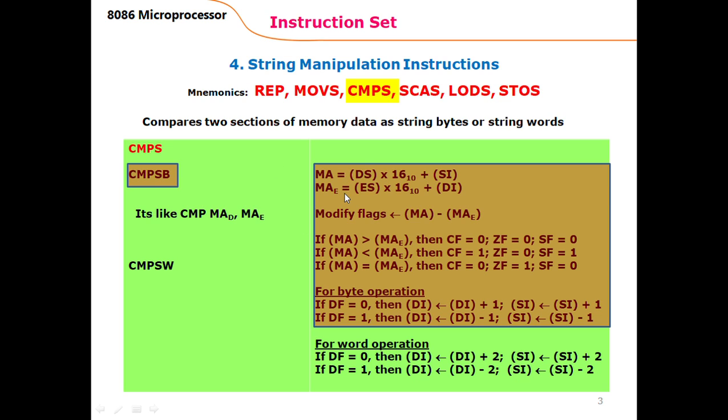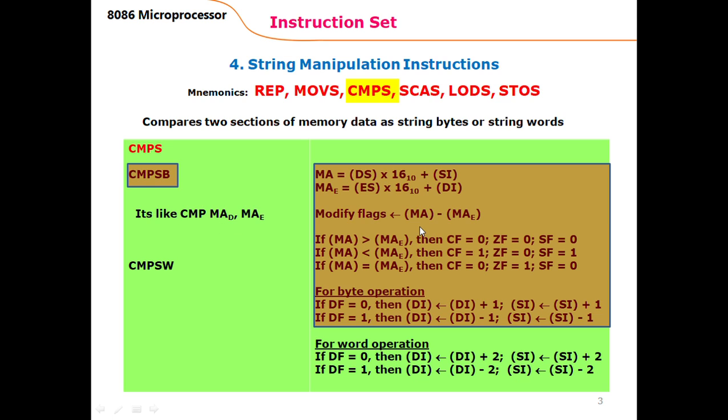And then the compare string instruction performs the comparison as follows. The byte in the extra segment is subtracted from the byte in the data segment, and the result is not stored anywhere, and this computation only modifies some flag bits.